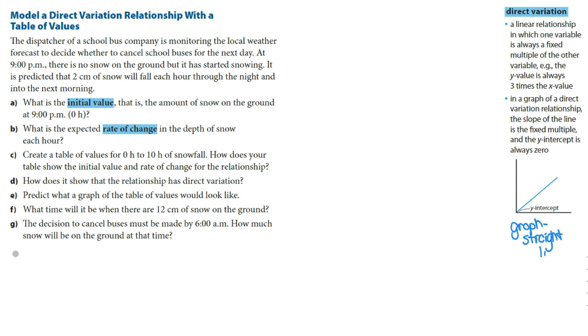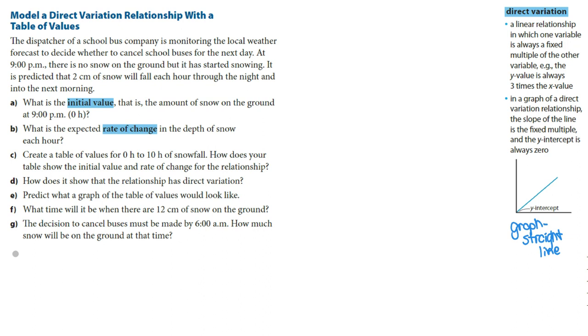So in the example above, the y value is always 3 times the x value. That means the slope of that line would be 3. If the y value was always 10 times the x value, the slope would be 10. So the graph is a straight line and the slope is the same as that multiple.